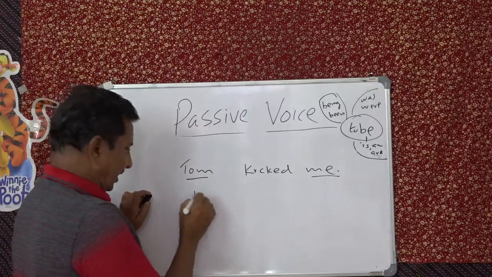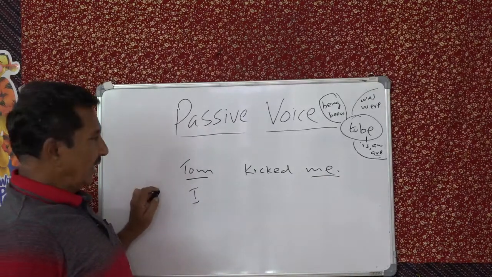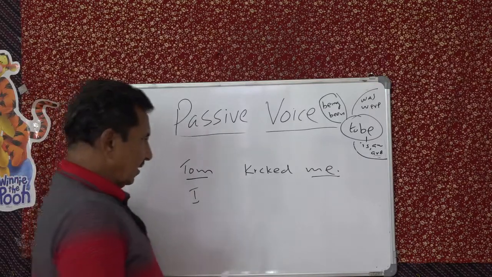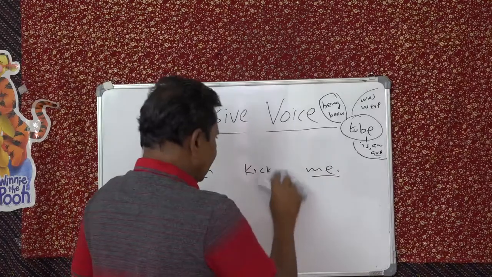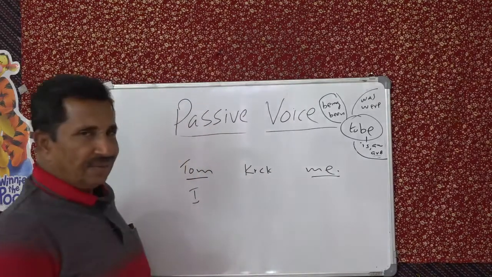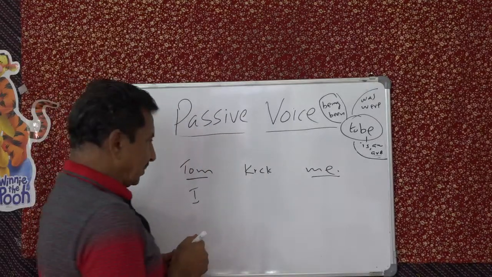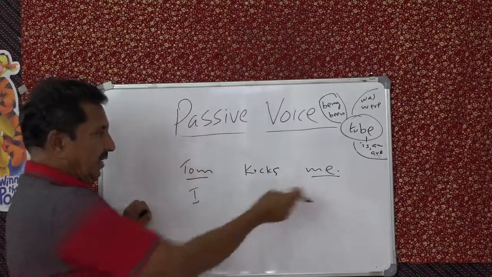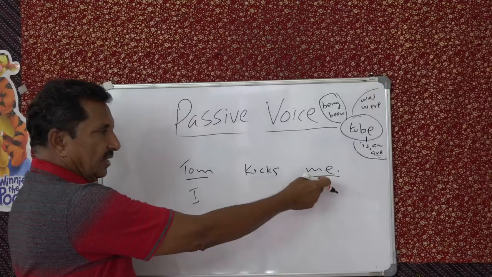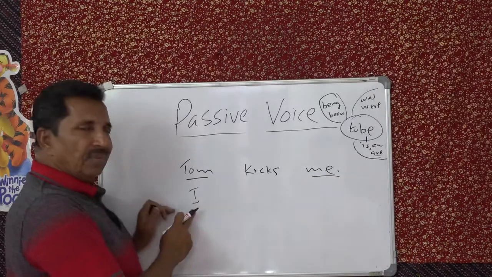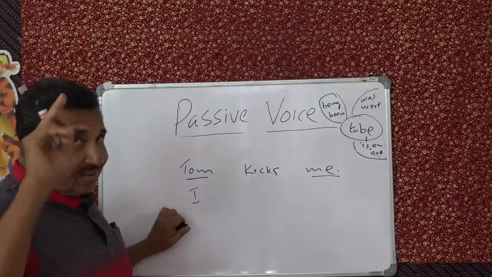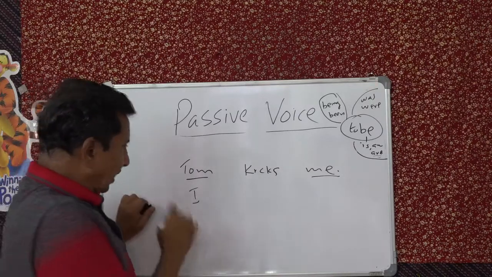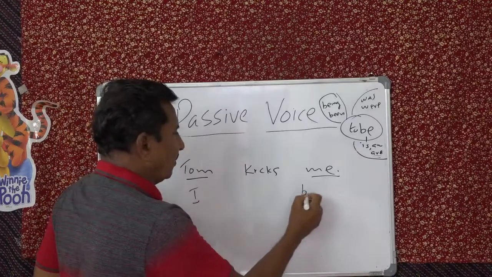I. No, sorry, don't change the tense. We are now in the simple present. So Tom kicks me. The object pronoun in the subject position will become I. Remember the table: subject pronoun, object pronoun, etc. So I, by Tom.